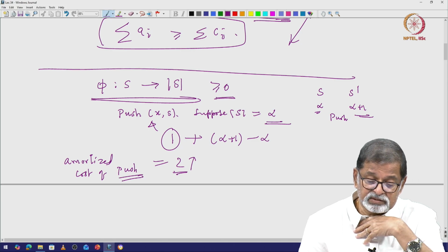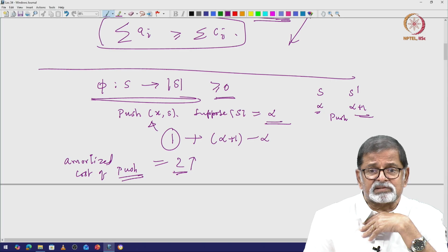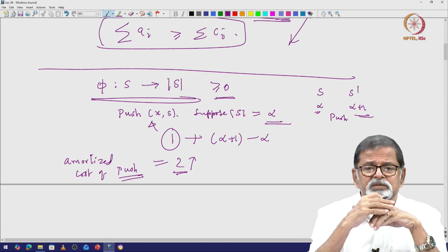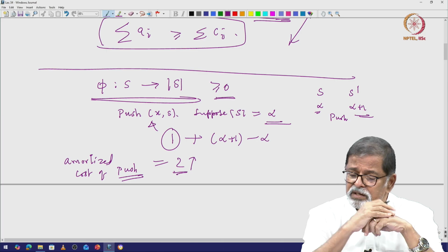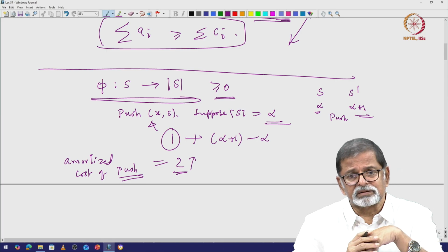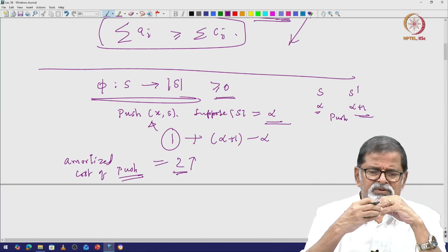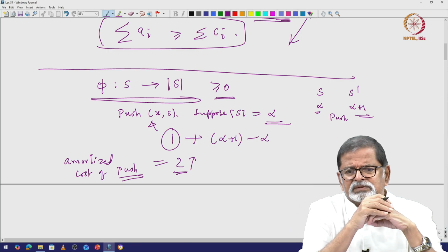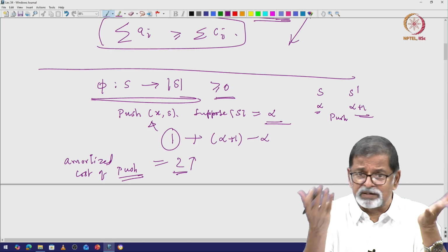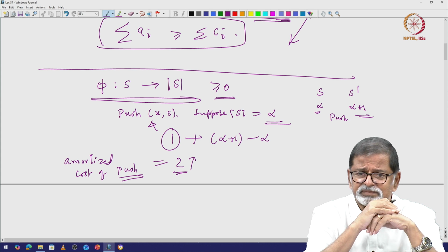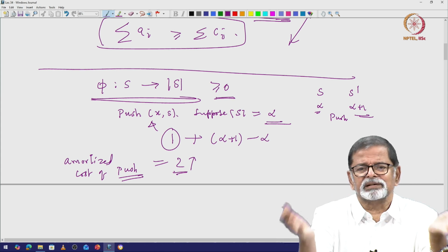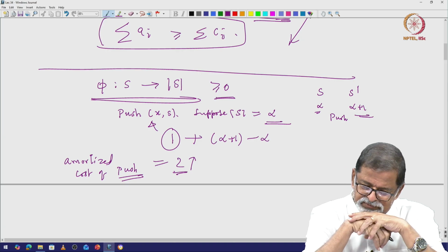Actual cost is 1, amortized cost is actual cost plus potential difference, potential after minus potential before. Potential after is alpha plus 1. Whatever stack you have will have alpha elements, alpha can be 0, it does not matter, but it has some elements, and that will give you 2.